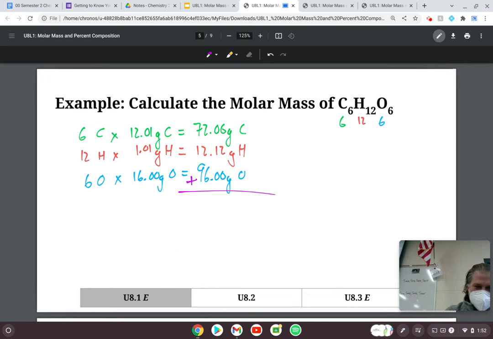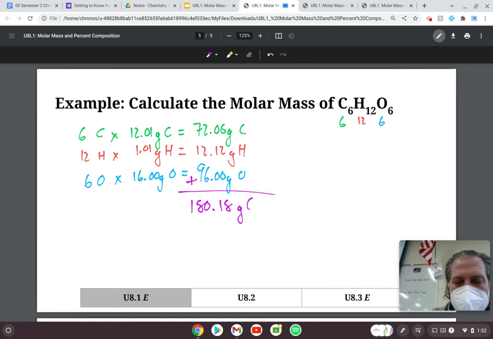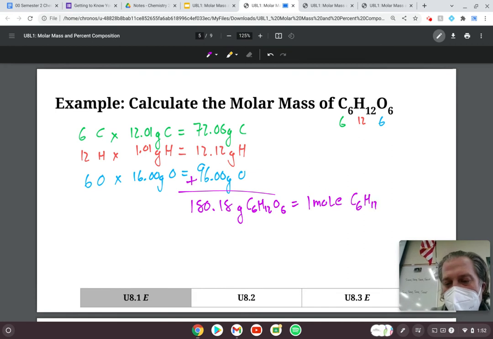So 96 plus 12.12 plus 72.06 gives us a whopping 180.18 grams of C6H12O6, which would be equal to 1 mole of C6H12O6.